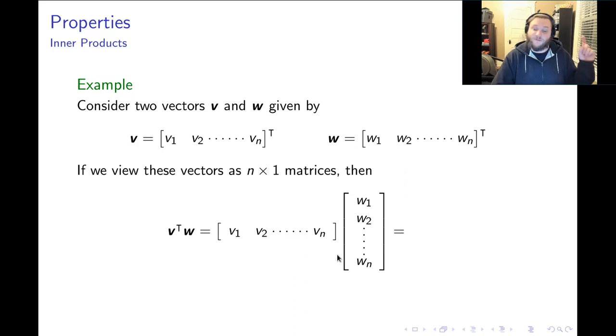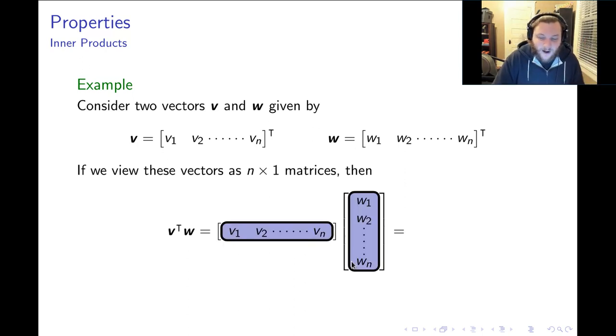What is the result? The result should be a 1 by 1. And how do we get that 1 by 1? We just take an inner product of the two vectors. So taking a vector transposed and then multiplying by another vector is the exact same thing as taking the inner product of those two vectors. This will turn out to be a useful idea.